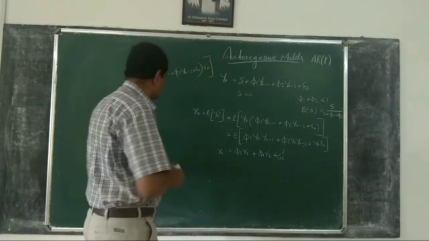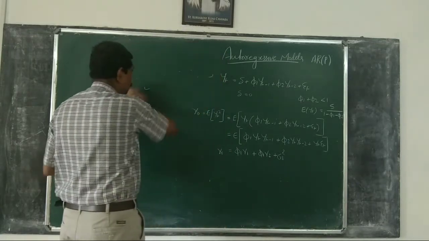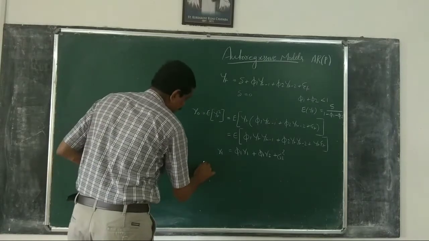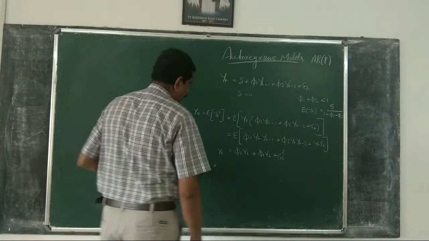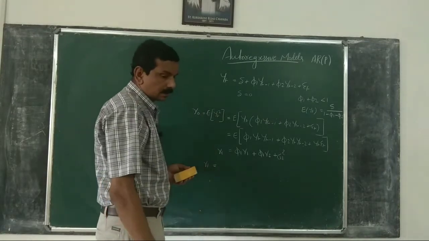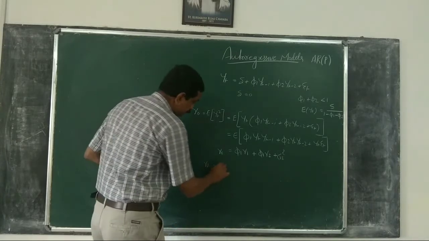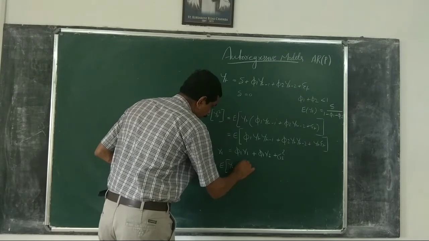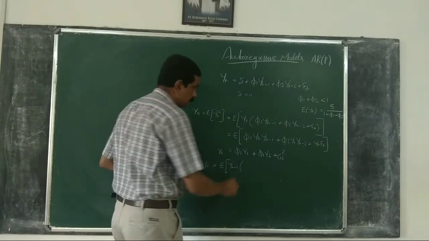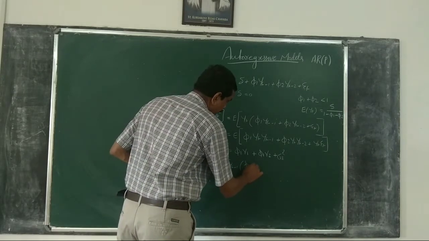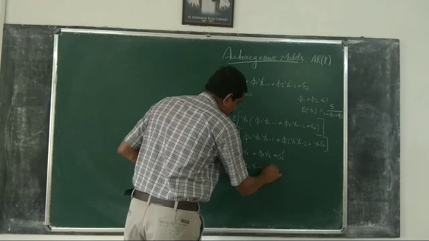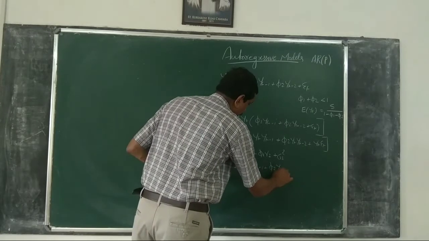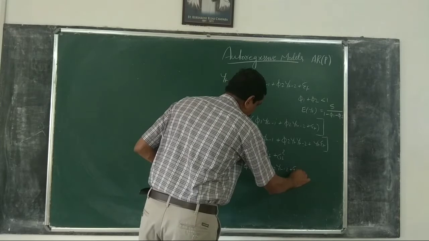Now let us see what is gamma 1. Gamma 1 is equal to the expected value of yt minus 1 into phi1 yt minus 1 plus phi2 yt minus 2 plus epsilon t.